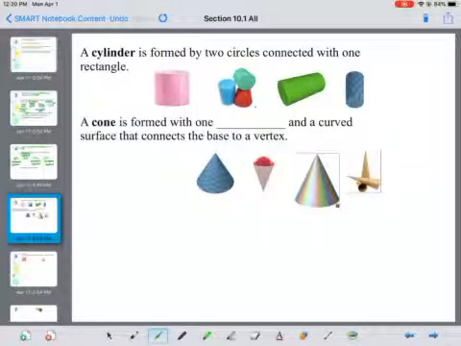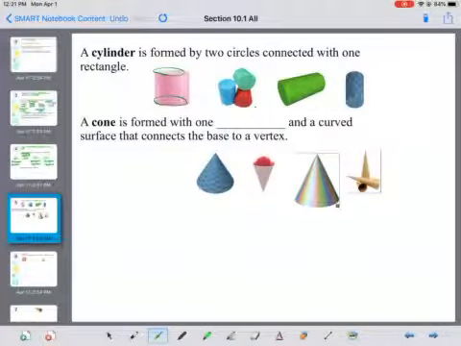Now a cylinder is special, but it's very much like a circular prism. So what it is, it's formed by two circles connected with a rectangle. Ask me in class to make you one to show you and to prove it to you.